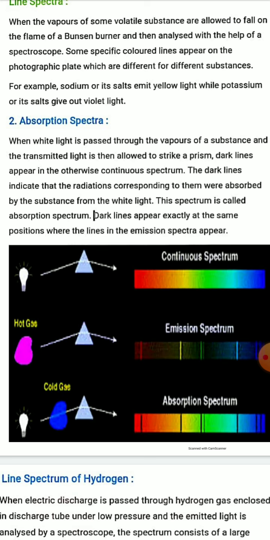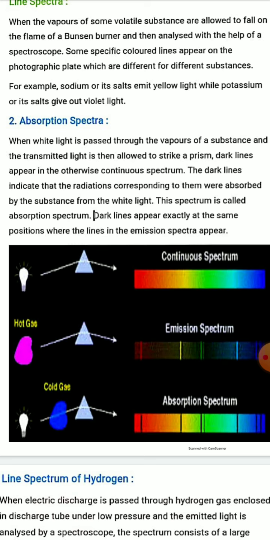The dark lines indicate that the radiation corresponding to them was absorbed by the substance from the white light. This spectrum is called absorption spectrum.